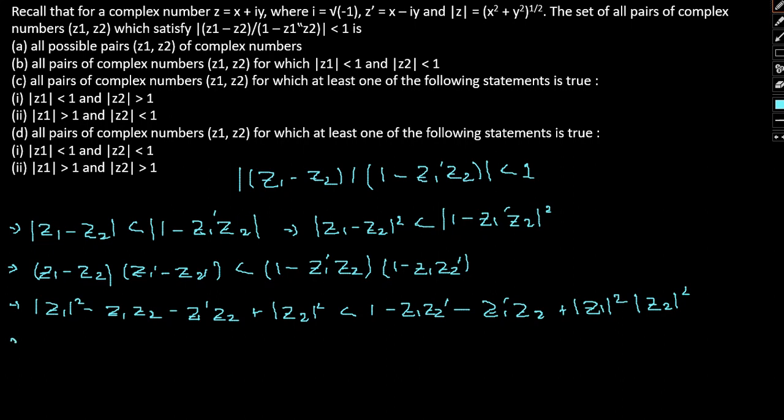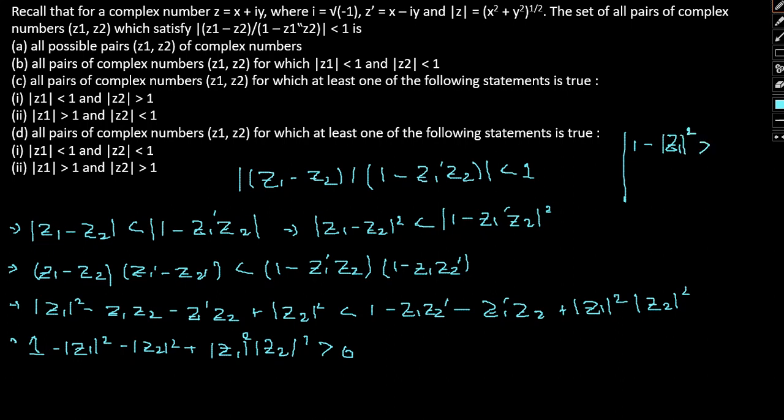Okay, which we write further, we can have 1 minus z1 square minus z2 square plus z1 square z2 square will be greater than 0. Now if we have this, we can actually write it as 1 minus z1 square greater than 0.